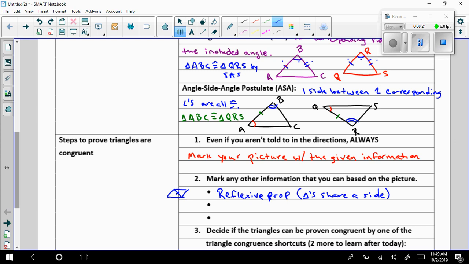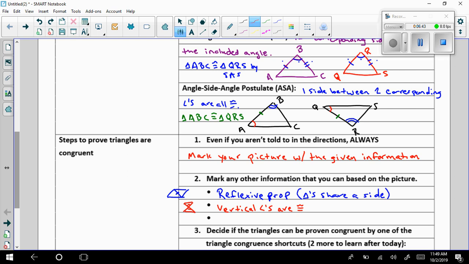Also, we know that vertical angles are congruent. So if you have your two triangles, and you had some of this in your assignment from yesterday, we know automatically that those vertical angles are congruent. It doesn't need to be told to us at this point. You should just know that and be able to mark it.